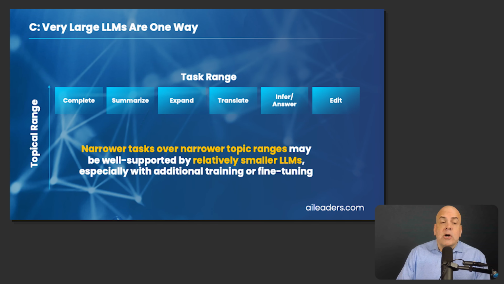Now, very large LLMs are simply one way to attack this problem. Generative pre-trained transformer has gotten super large, as we explained, up to potentially 20 trillion parameters in the instance of GPT-5. Now, what drives that in this very simple graphic is on the left-hand side, you're adding topicality.